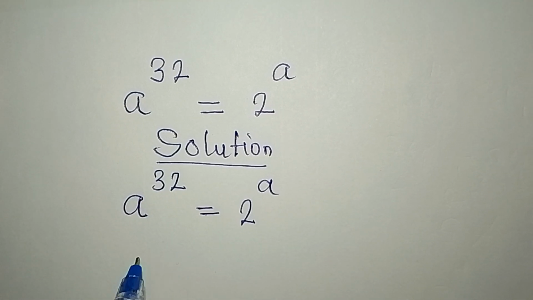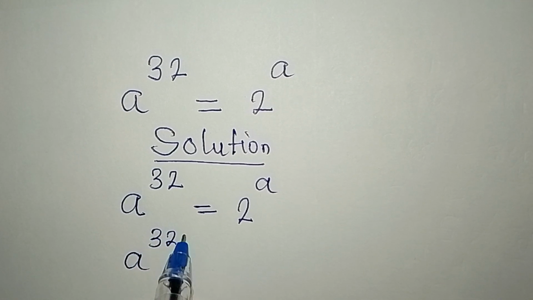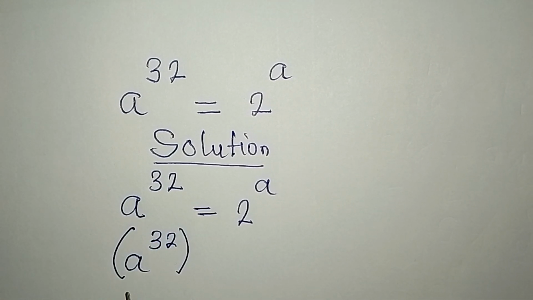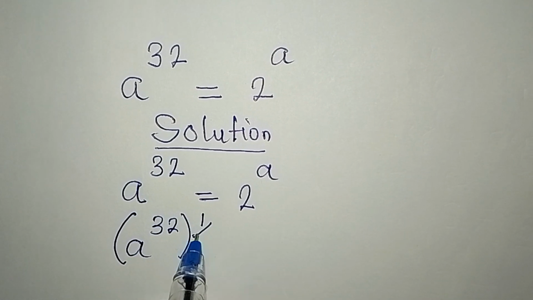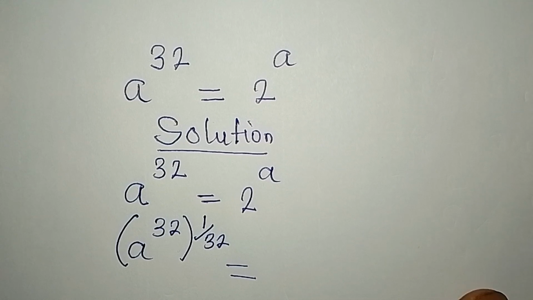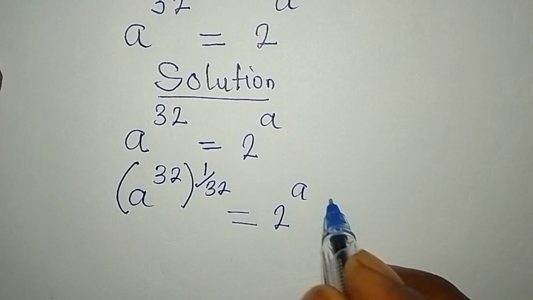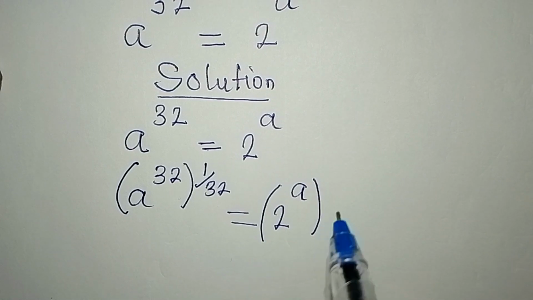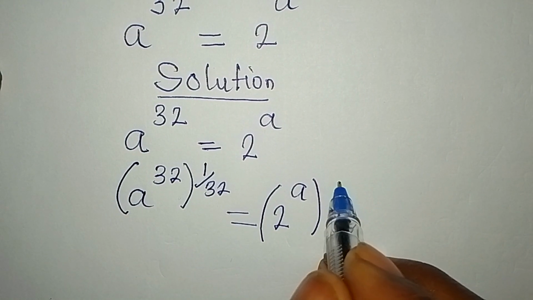That way I would have a to the power of 32, then raise the same thing to the power of 1 over 32. Then whatever we have will be equal to 2 to the power of a, then to the power of this 1 over 32 will still reflect on the right.